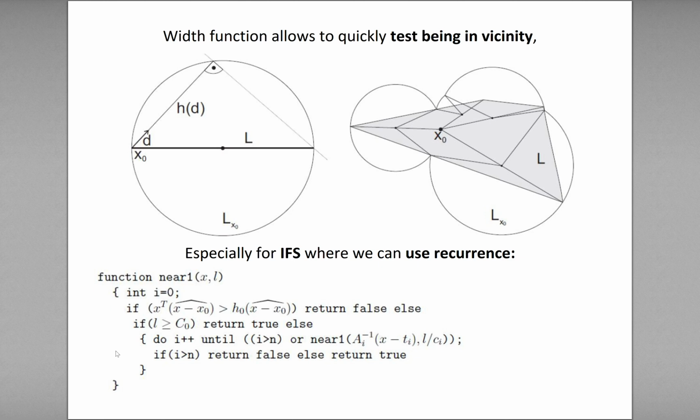It can be done by testing these bounding half planes found here and going some levels inside the recurrence. It's a difficult question whether a point is at some distance from the fractal, and here it can be automated in a relatively simple way.